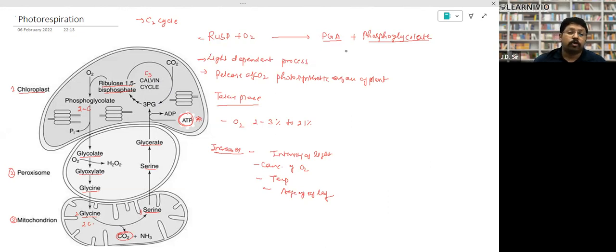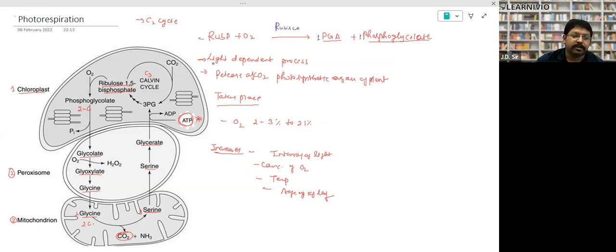But here 2 molecules of PGA are not formed, because in presence of rubisco and oxygen, RuBP reacts with O2 and makes 1 molecule of PGA and 1 molecule of phosphoglycolate, right?